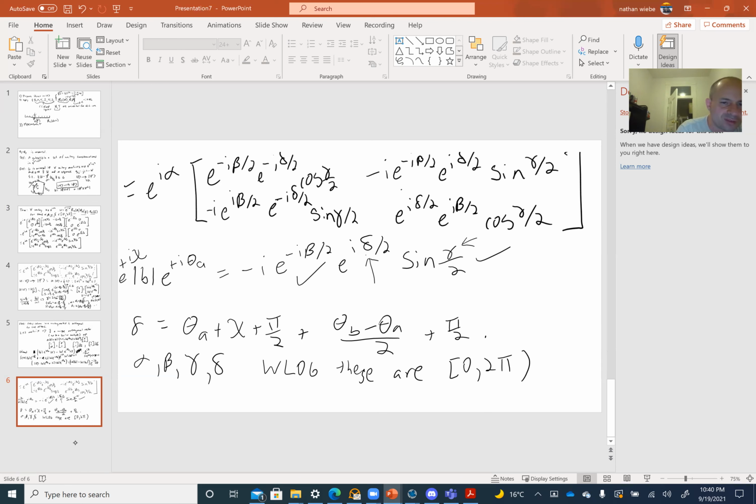So this ends up showing that we can build a matrix that has an arbitrary first column and a second column that has an arbitrary vector over here. The only thing that we technically haven't shown, so we can build every matrix of this particular form, but we haven't shown that it's unitary.